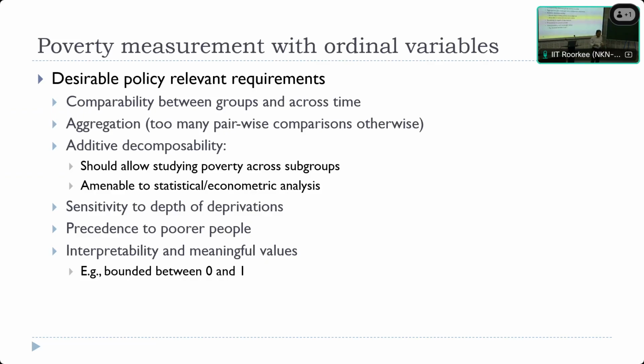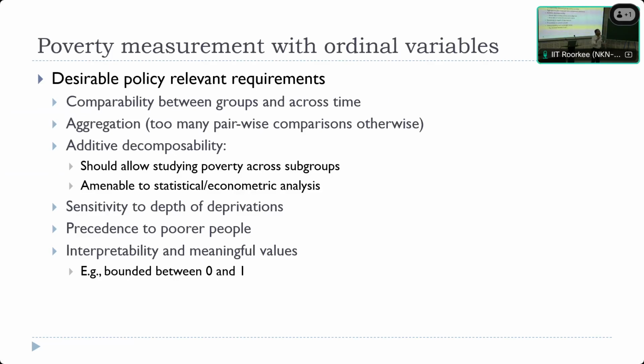If you already know that your variable is categorical, you should know that all the tools we learned yesterday are invalid. You cannot use the Gini coefficient to understand inequality. You cannot simply use FGT to compute poverty measures. It's not going to work. So if you are in a categorical world, you have to be innovative and think about what kind of tools to use.